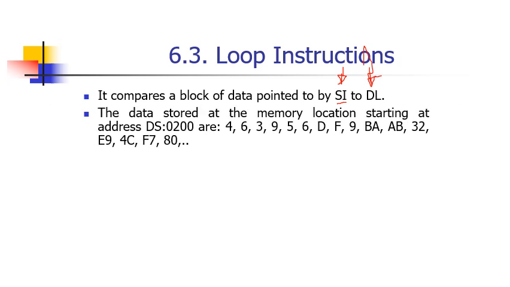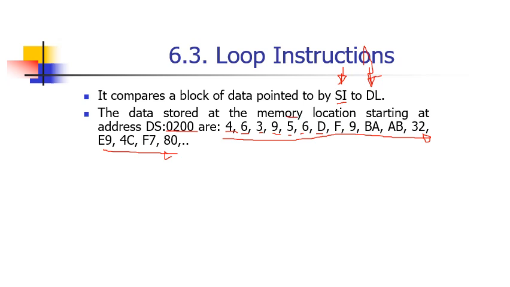So for example, if this is the starting address of your data memory segment and the 15 memory locations contain these values, we are trying to scan and check these 15 values for a value of 5.